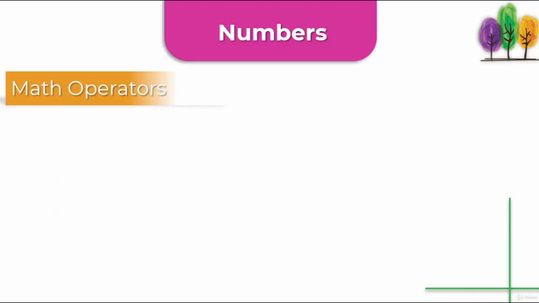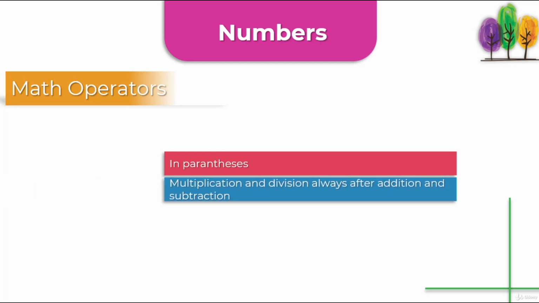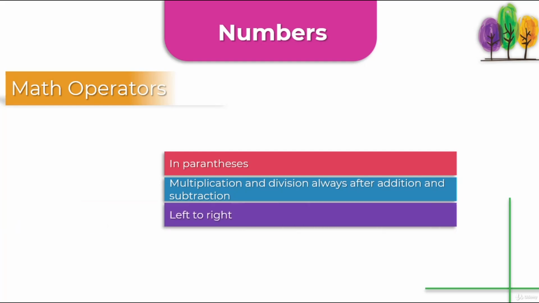Now the sequence of operations in Python is exactly the same as in mathematics. The parentheses are always done first. Multiplication and division are always done before addition and subtraction. And operations are evaluated from left to right. When we are confused, we can always use brackets.